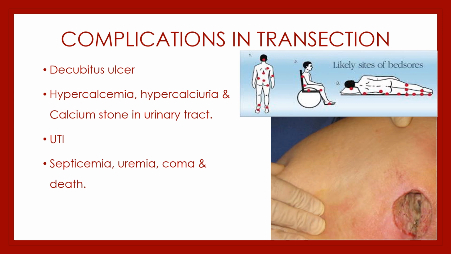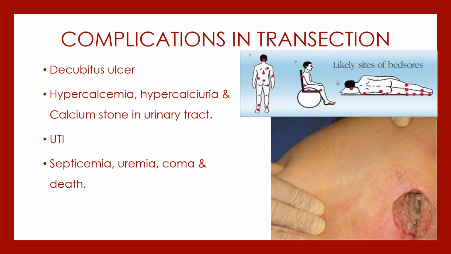Hypercalcemia, hypercalciuria, and calcium stone formation in the urinary tract. So this is because of the breakdown of the proteins from the bone matrix. And then urinary tract infections, these are very common because there will be stasis of the urine.